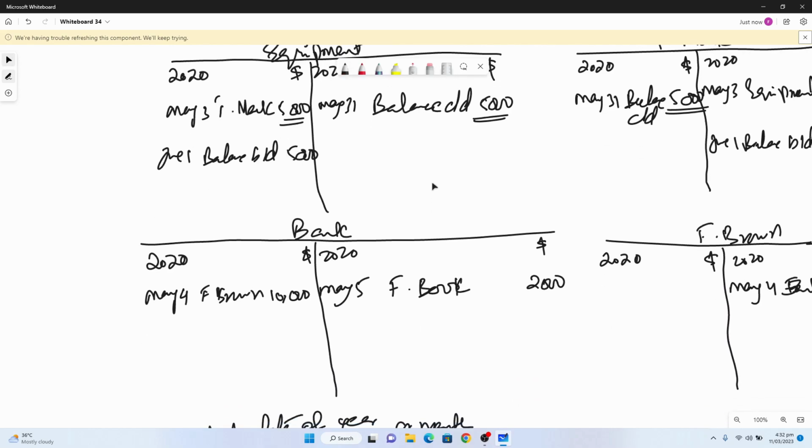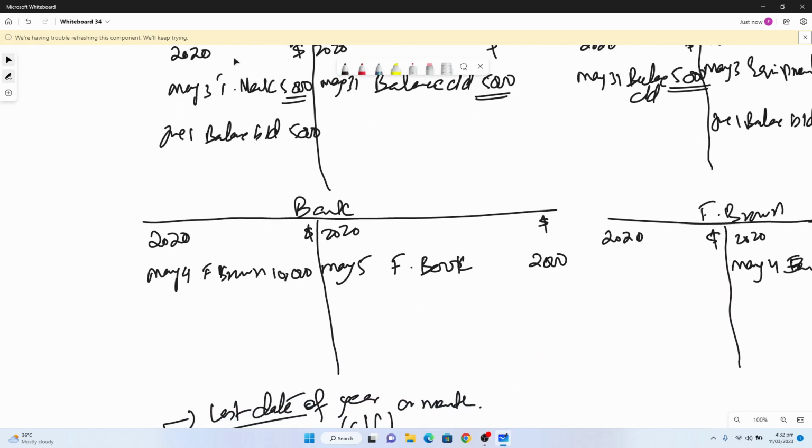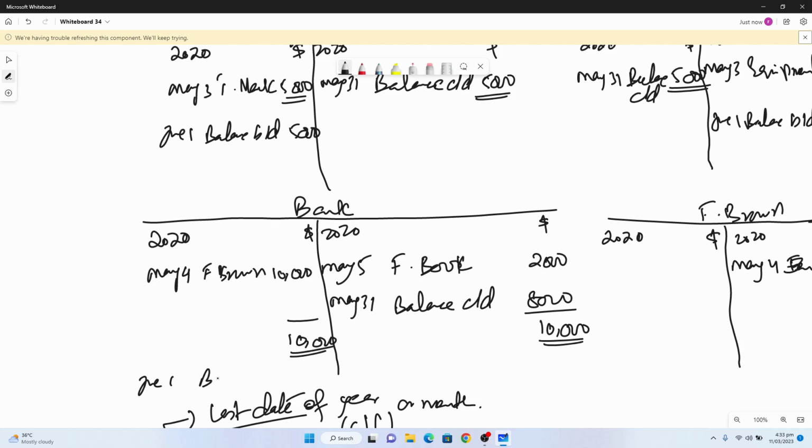Then the last T account, I guess not last, the second last. This is a very hectic exercise for everyone. But again, what we'll do: we have 10,000 on the debit side and 2,000 on the credit side. We need 8,000 to make both sides equal to 10,000. So I write 10,000 over here, 10,000 over here, and on June 1st I'll get balance BD, the balance at the start of the period, which will be 8,000, because balance BD and balance CD are always the same.